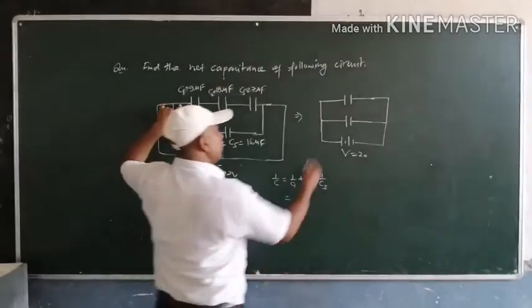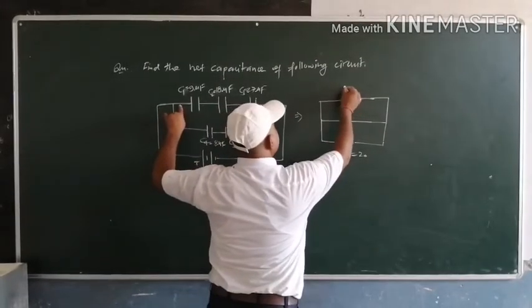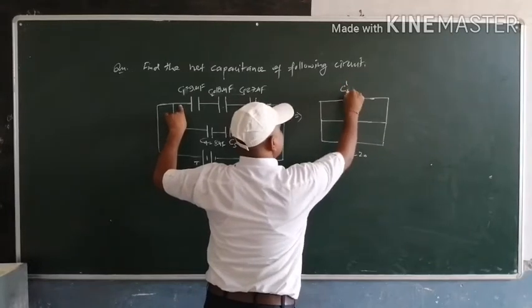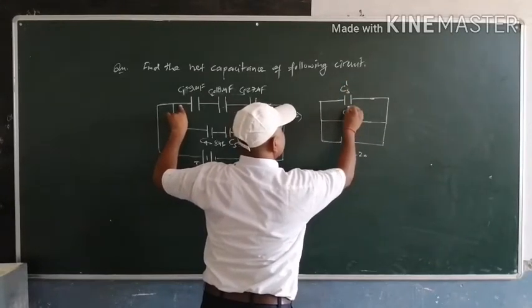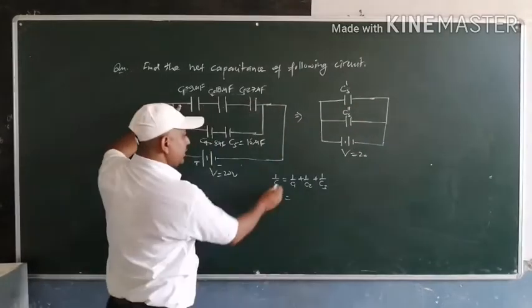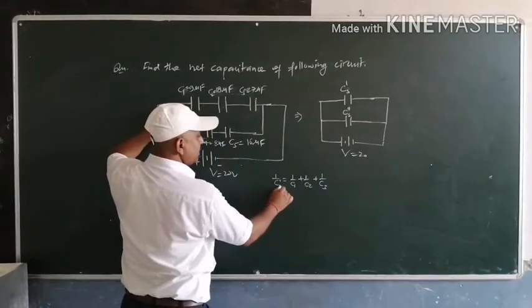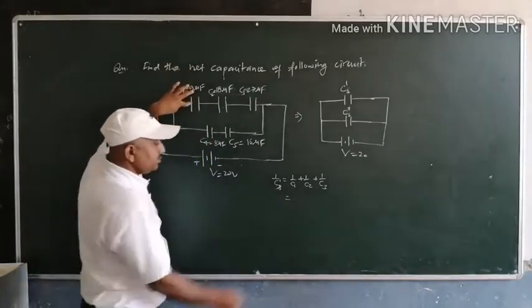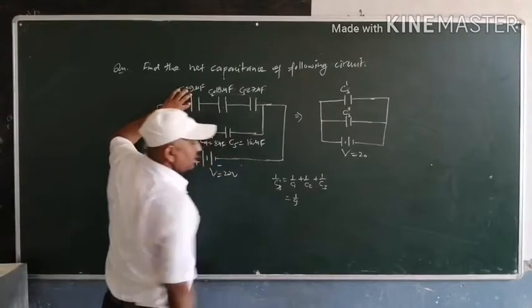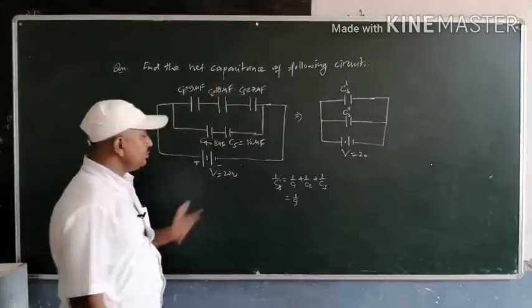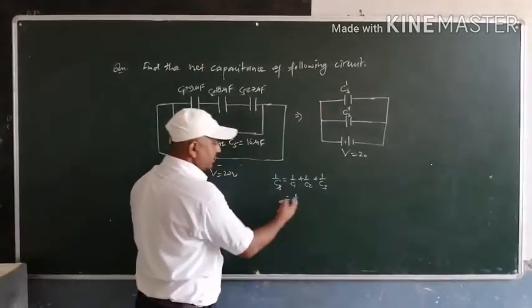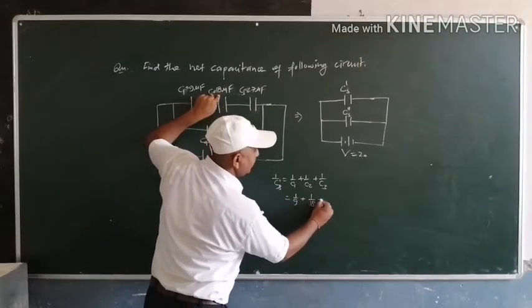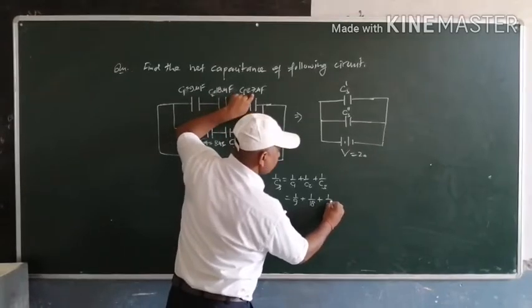Suppose we take it as Cs dash and Cs double dash. Then 1 upon Cs dash will be equal to 1 upon 9 plus 1 upon 18 plus 1 upon 27, with microfarad common, so our answer is also in microfarad.